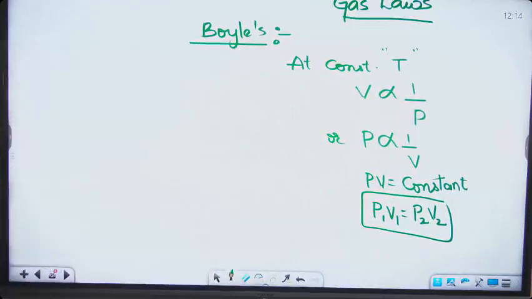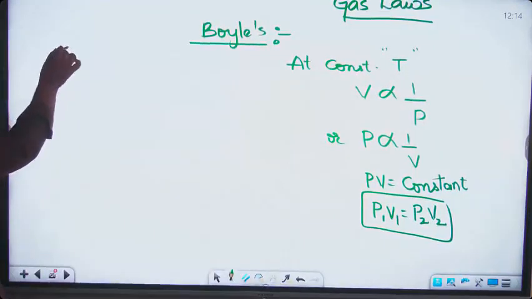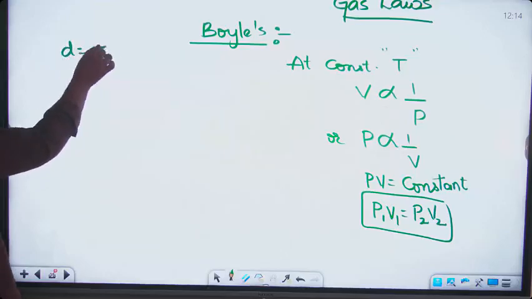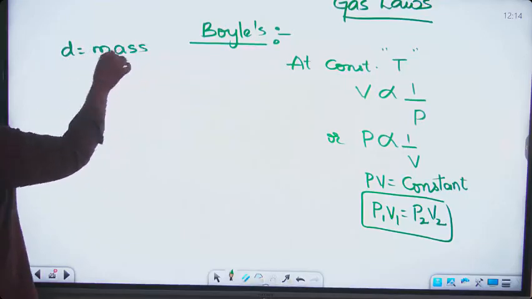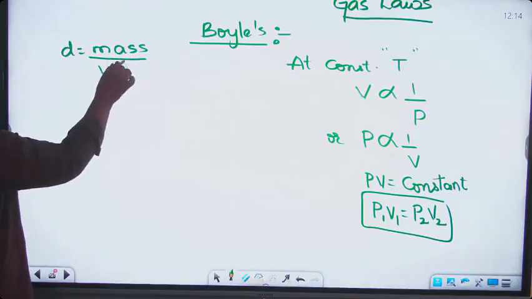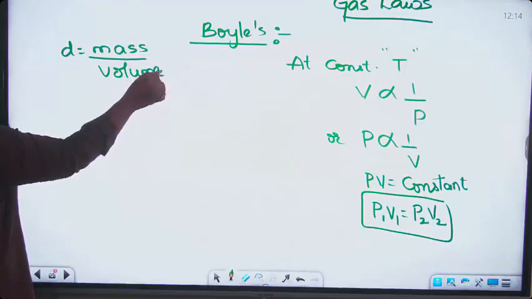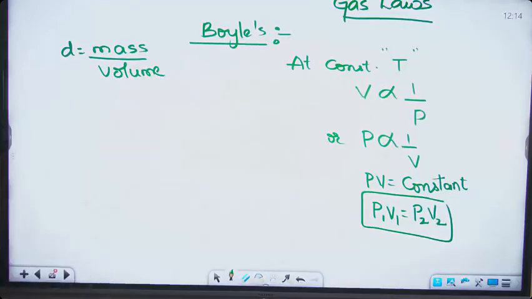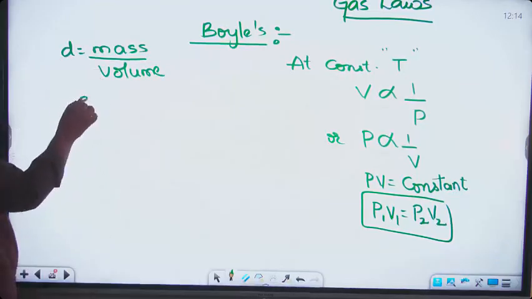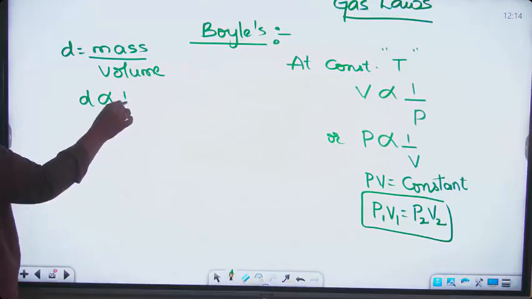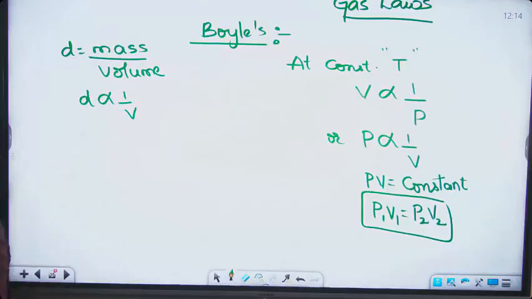Right. Now, if you talk about the relation between density and volume, how are these two? Density equal to mass by volume. If we talk only about density and volume, we can write that density and volume both are inversely proportional.